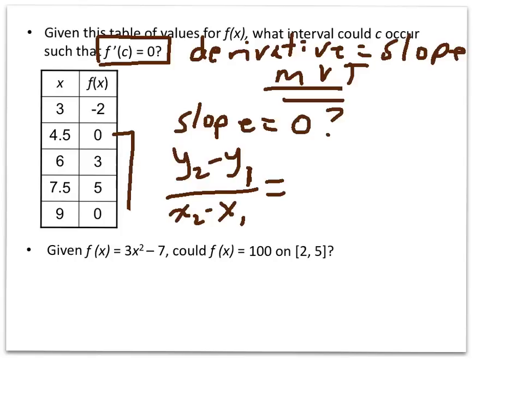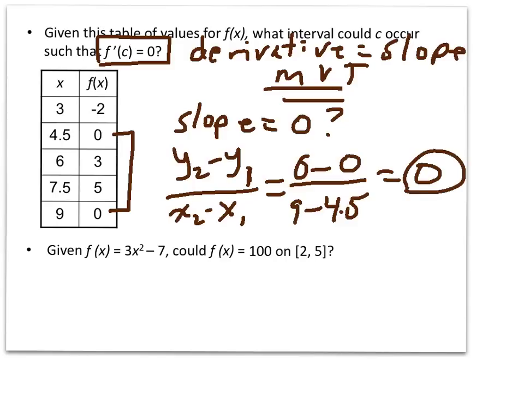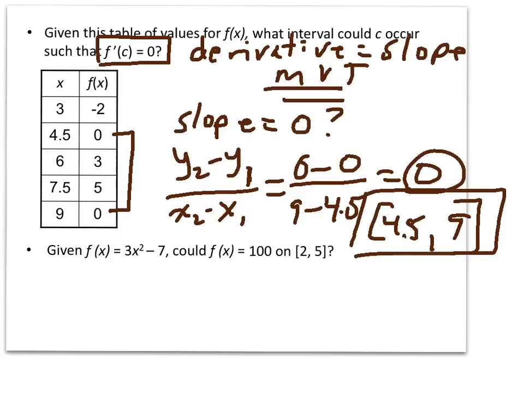And if I look here, I can see those 2 points I can do the slope formula for. 0 minus 0 is my 2 y values, 9 minus 4.5 is my 2 x values, and I can see I get 0. So the interval in which the derivative is equal to 0 would be from 4.5 to 9. On this interval the mean value theorem would apply, and so this is the answer to my question here.